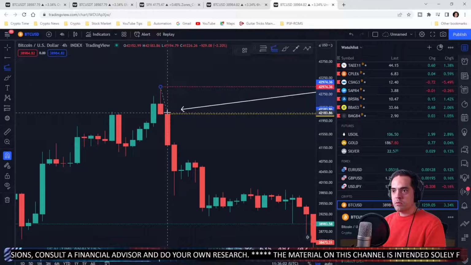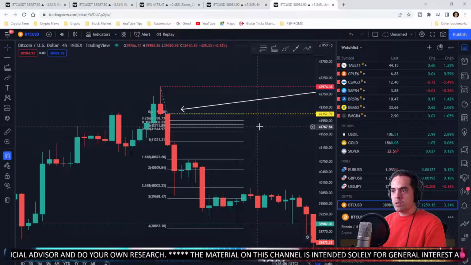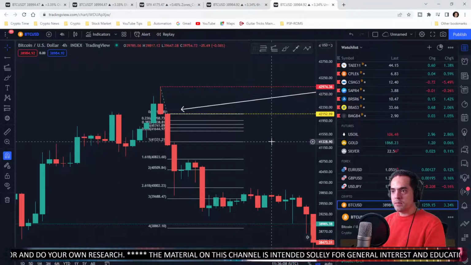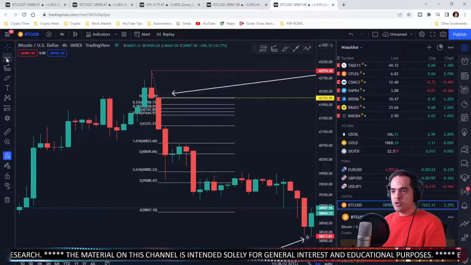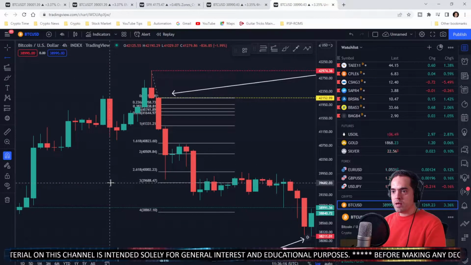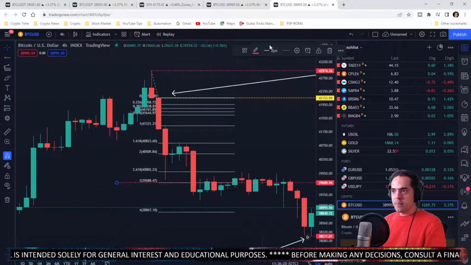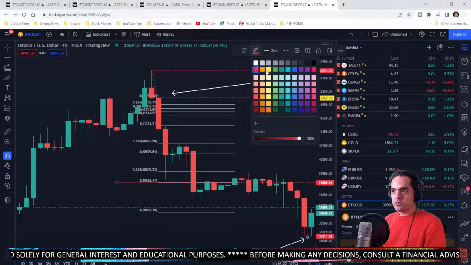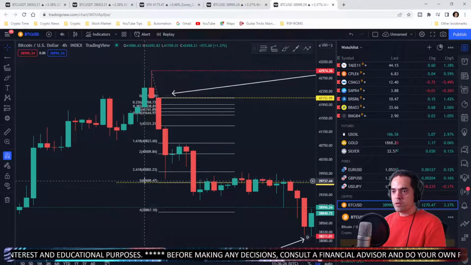So here to here, and then we're going to aim to get 200, 300%. That's up to you. So here, as you can see, the price goes and hits the 300, level 3.